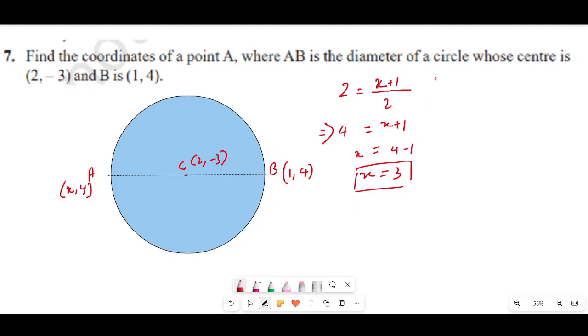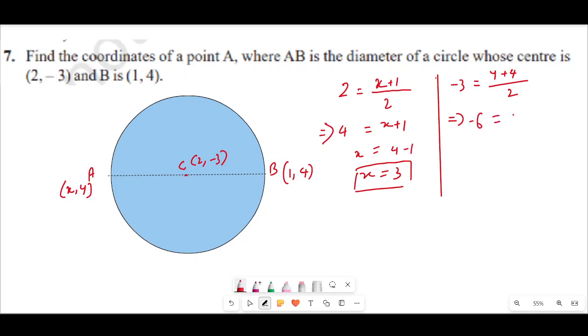Now for the second point, -3 equals the sum of y coordinates, y plus 4, upon 2. This will be -6 equals y plus 4, and y will be -6 minus 4, that will be -10.